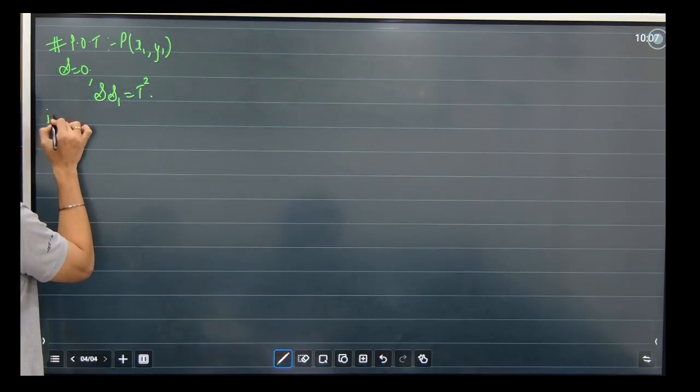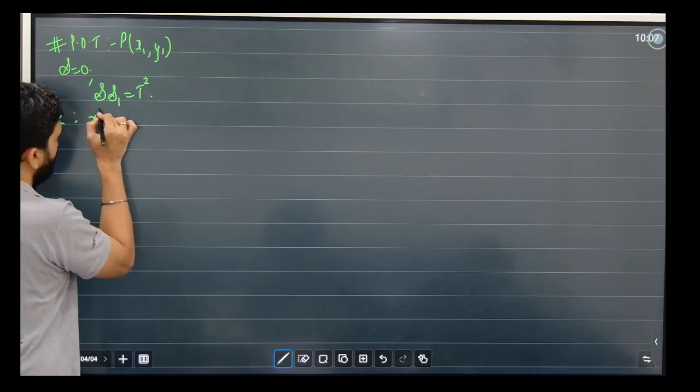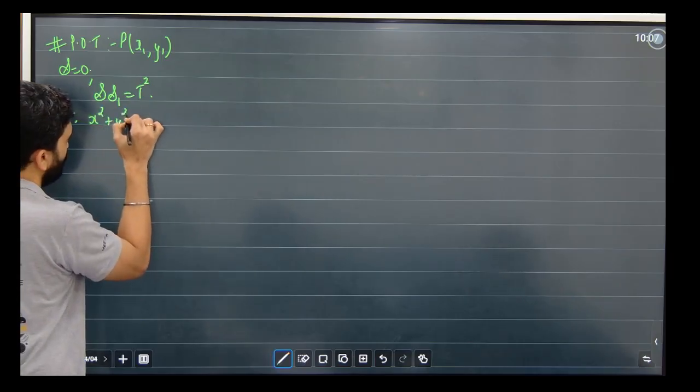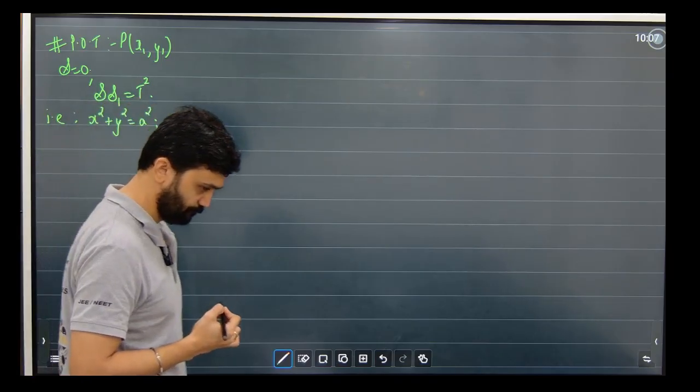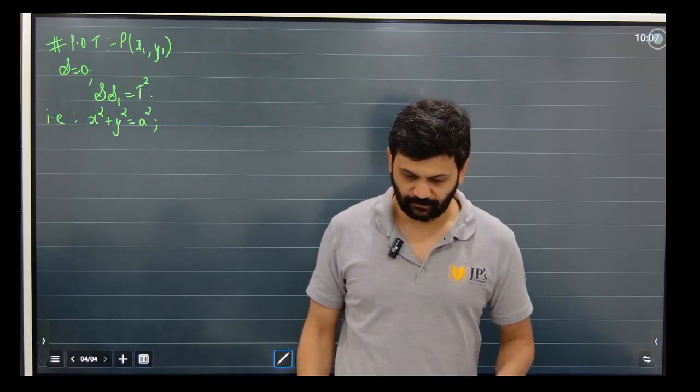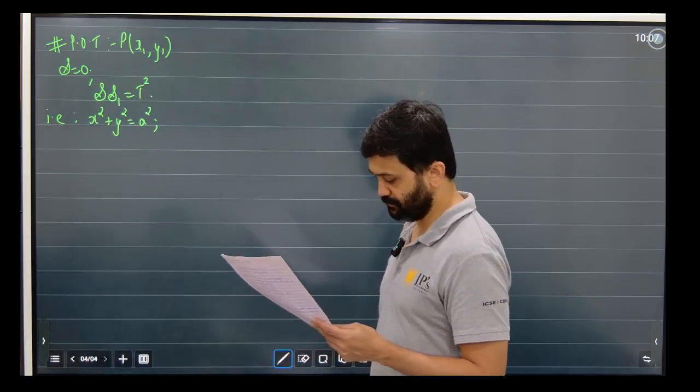That is, if the equation of the circle is x square plus y square is equal to a square.